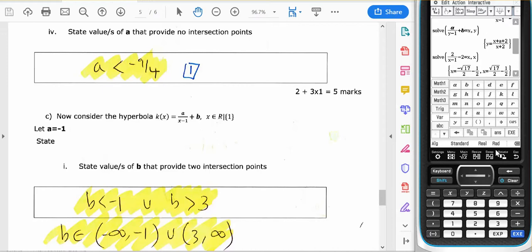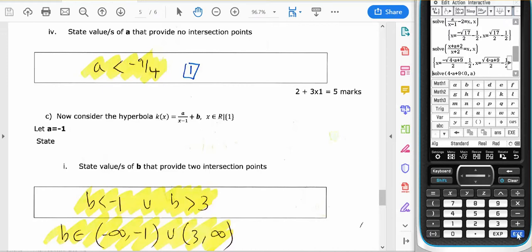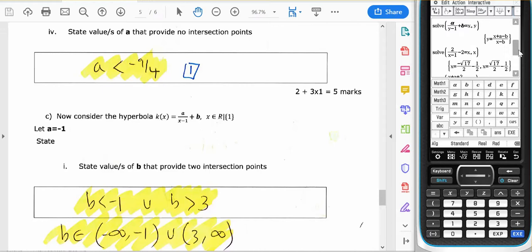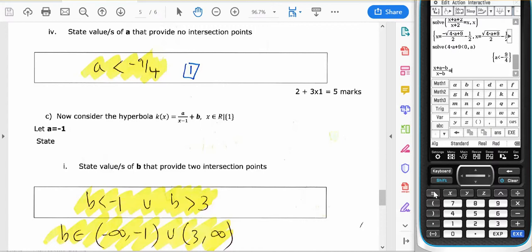There is the expression of my inverse. So I copy that, come down into a new line, paste, make it equal x, and solve for x. So find the intersection point.